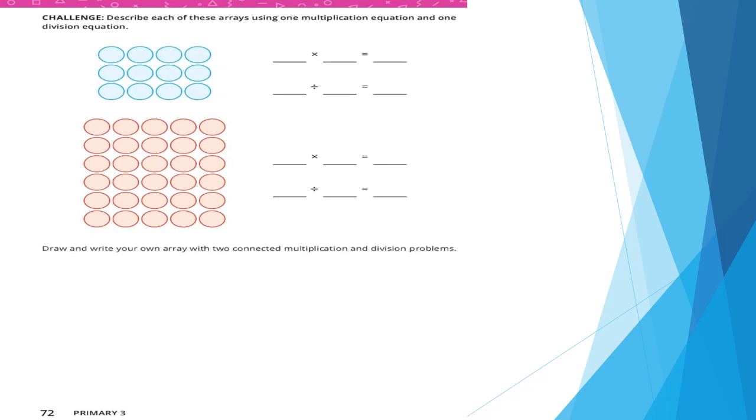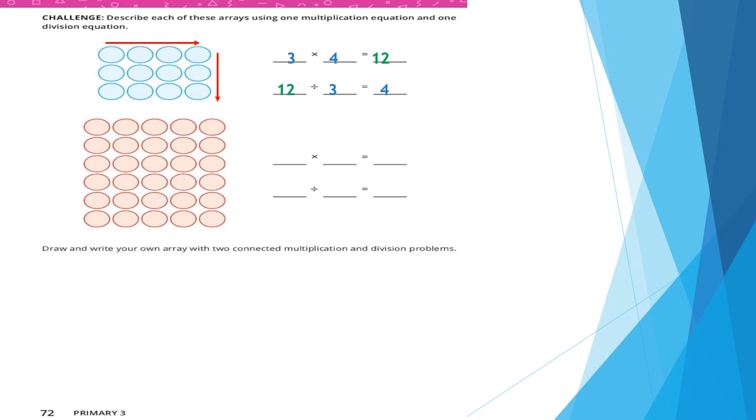Here, describe each of these arrays using one multiplication and one division equation. In the first array, we have 4 balls in the first row and 3 balls in the first column.